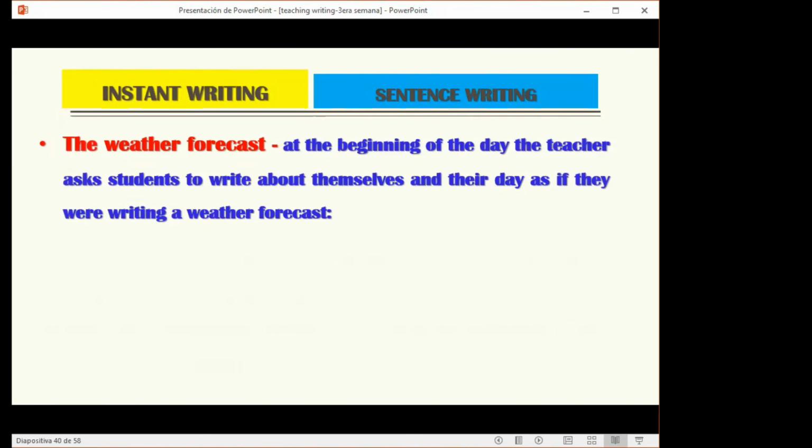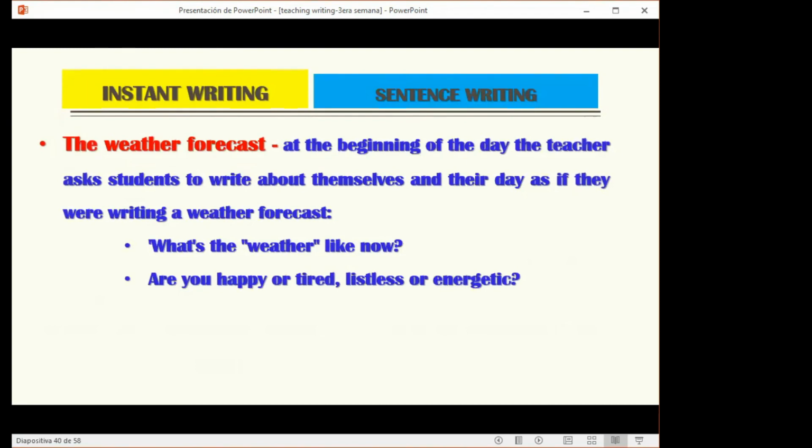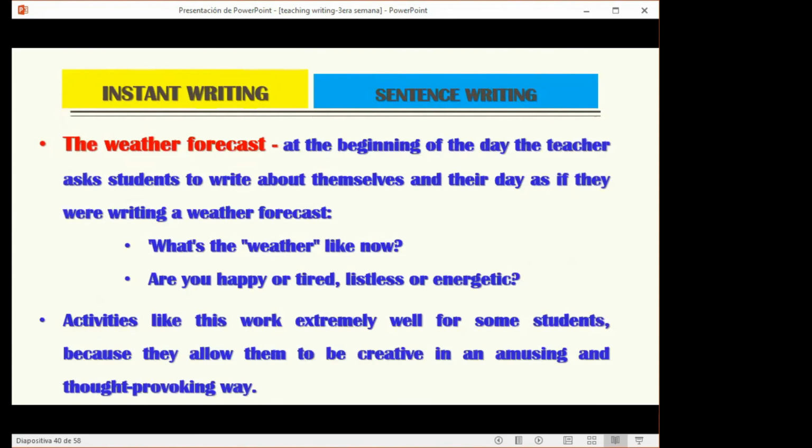At the beginning of the day, the teacher asks students to write about themselves as if they were reading a weather forecast. What's the weather like now? Are you happy or tired, listless or energetic? Activities like this work extremely well for some students because they allow them to be creative in an amusing and thought-provoking way. So they are going to make a forecast, but about themselves.